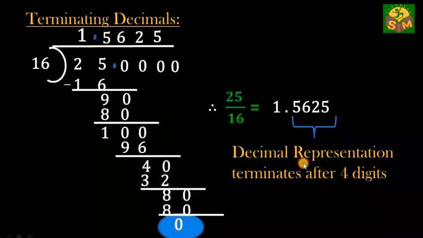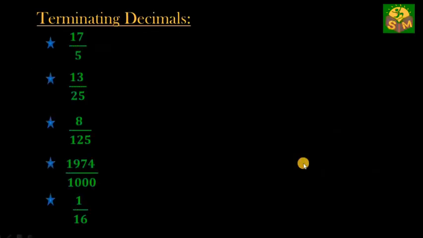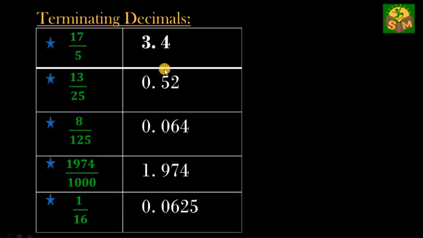Now, let us consider a few more examples. Let's say the number 17 is divided by the number 5. Then the quotient will be 3.4. Here the decimal expansion terminates after one digit. And here the decimal expansion terminates after 2 digits.